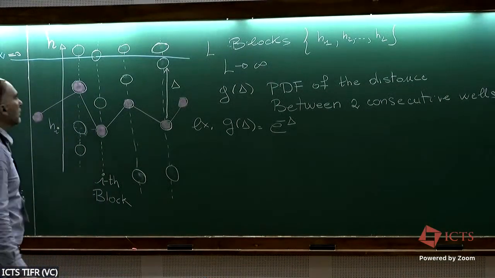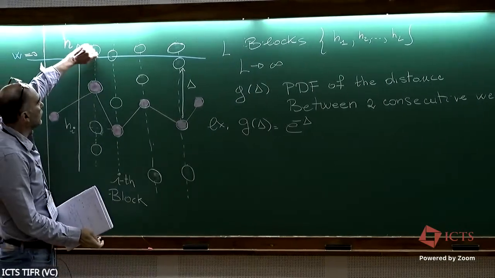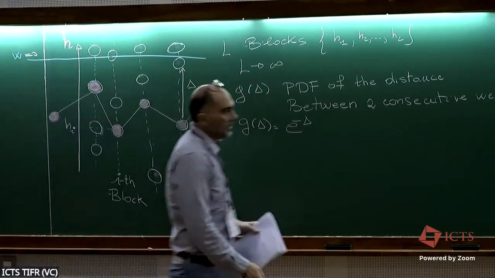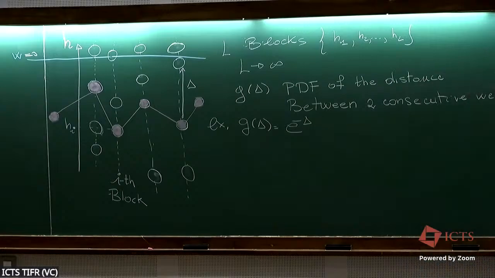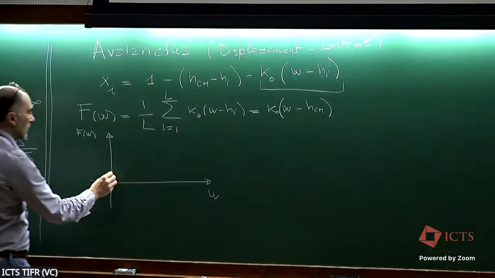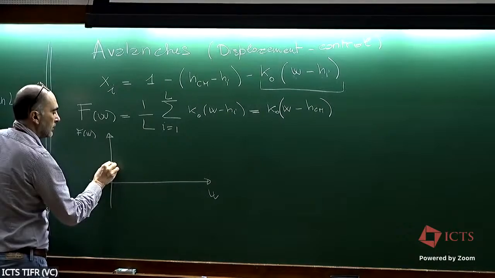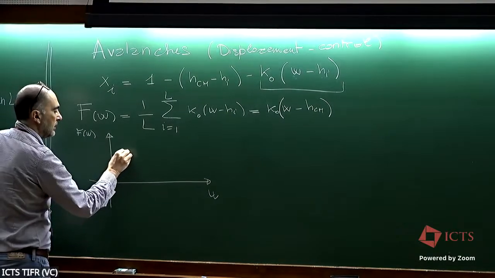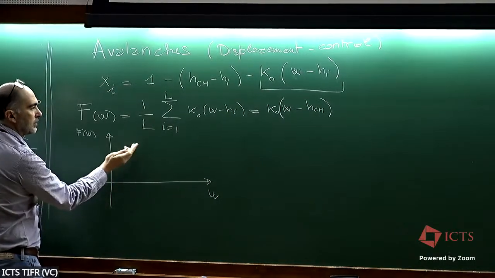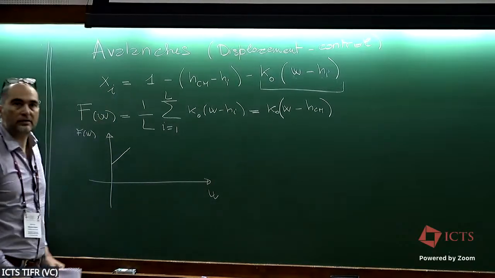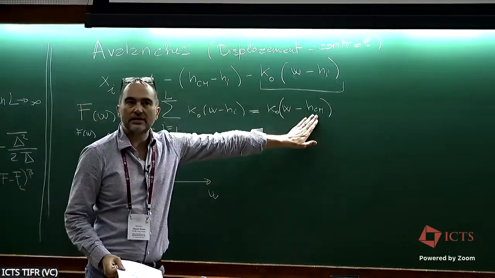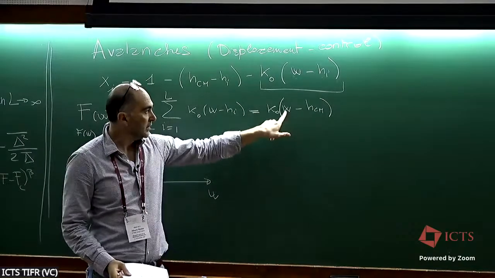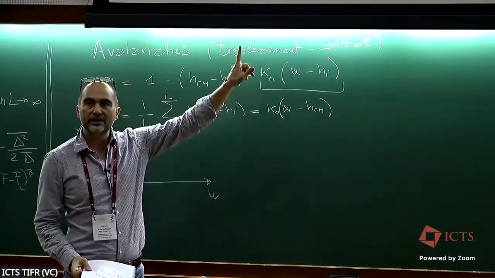Okay, and now we are stuck and we start to move up W. So the force is increasing because if you move W up, the force will increase. And this slope is K0, okay? You see, the center of mass doesn't move, the line is stuck, so W increases, okay?